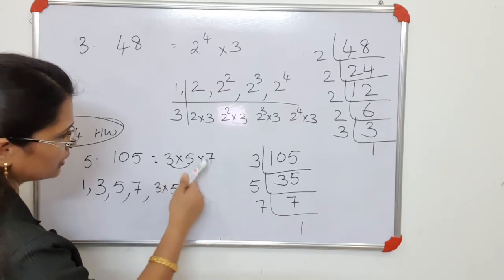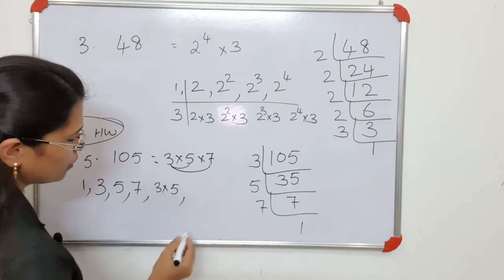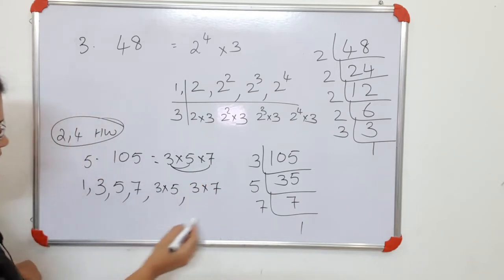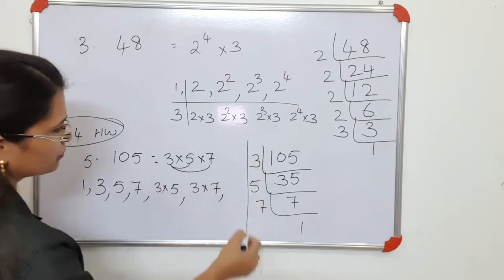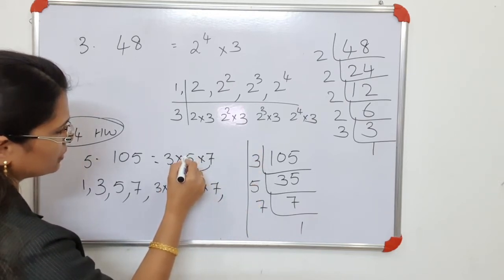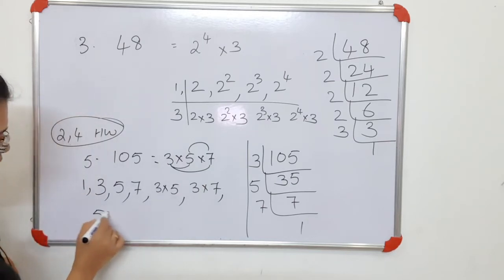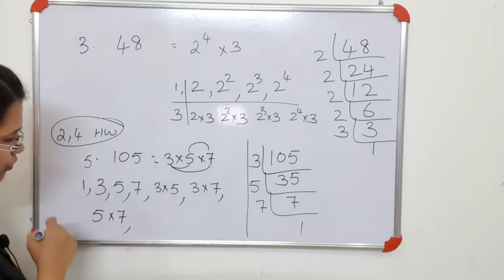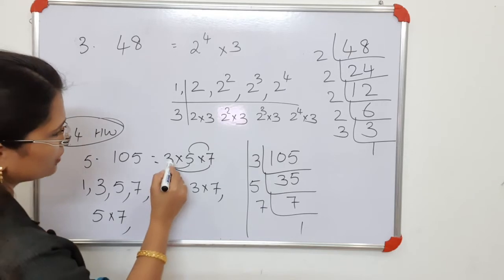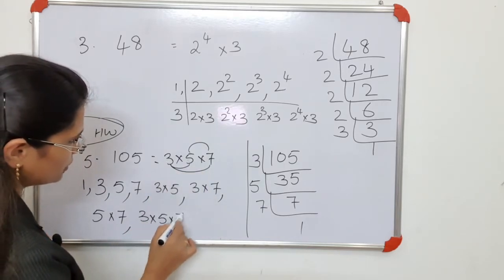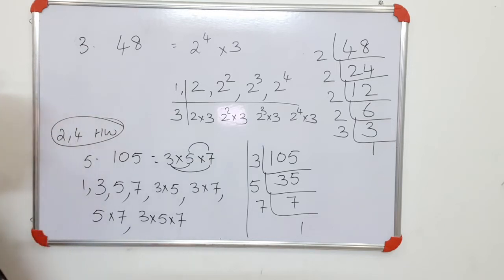Then 3 into 7 also one factor. 3 into 7. Then 5 into 7 also another factor. Then 3 into 5 into 7.